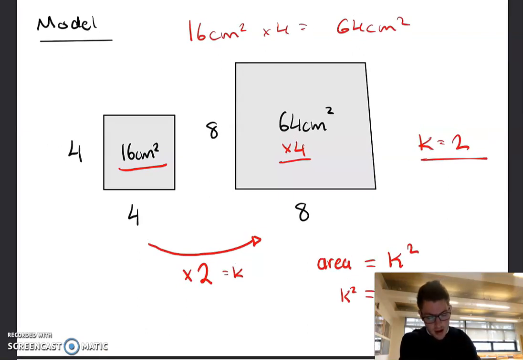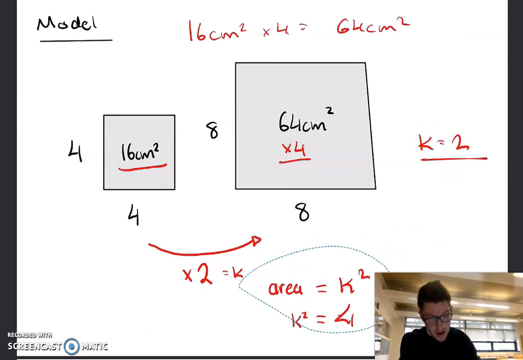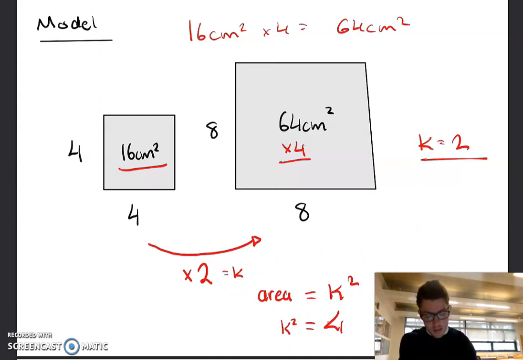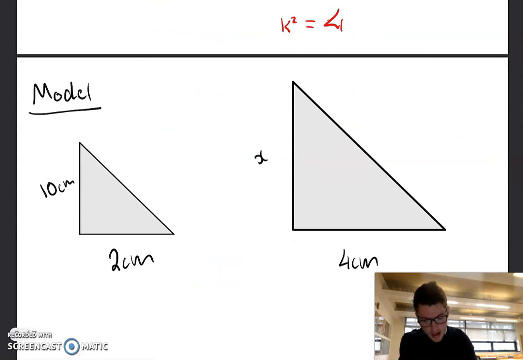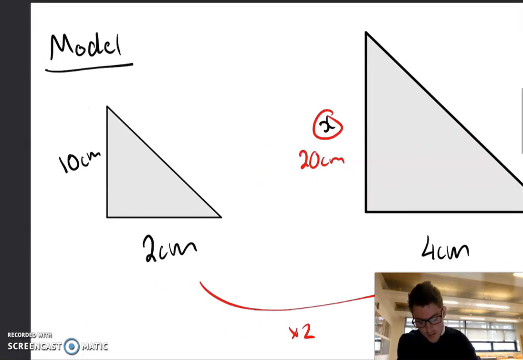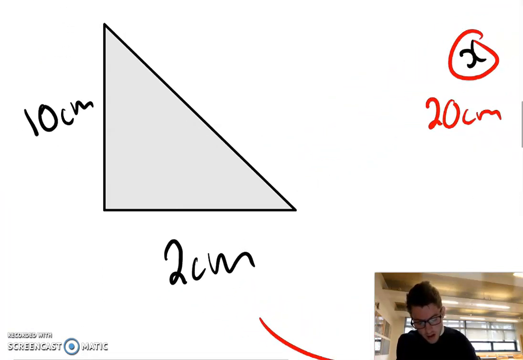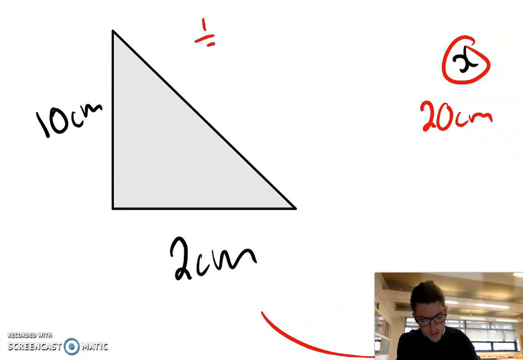So I have realized I have cut that off a little bit there. So there you are. So let me have a look at this. Here's a question here. Now I can see that this triangle is twice as big. 2 times 2 is 4, meaning x is going to equal 20 centimeters. Well, I know the area of this triangle is half times base times height.